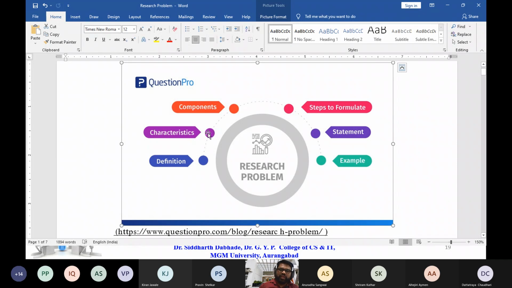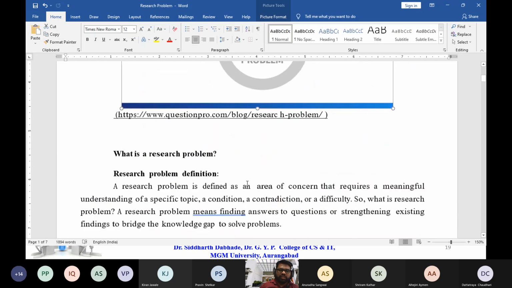Whenever we decide your research problem, what are its components? Then how to formulate your research problem? Those are the major things. So you need to set your objectives, right? To set your objectives, you need to make a proper statement to create the research problem and to give solutions to it.